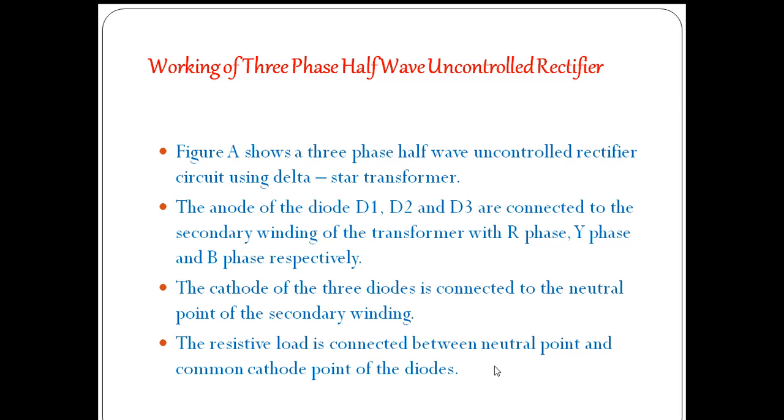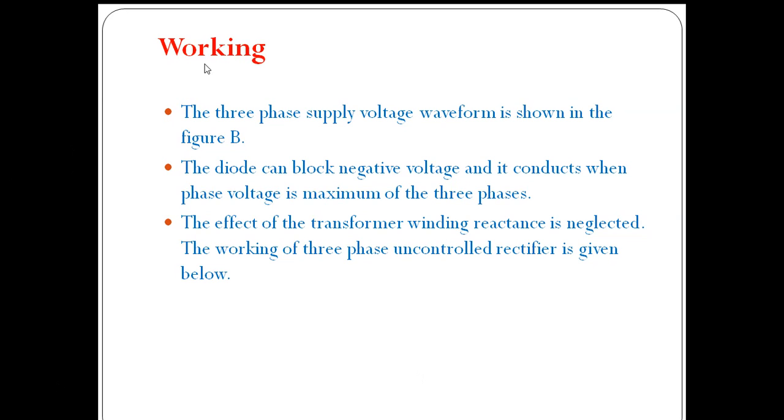The resistive load is connected between the neutral point and the common cathode point of the diodes. Working: the three-phase supply voltage waveform is shown in figure B. The diode can block negative voltages, and it conducts when the phase voltage is the maximum of the three phases. The effect of transformer winding reactance is neglected.